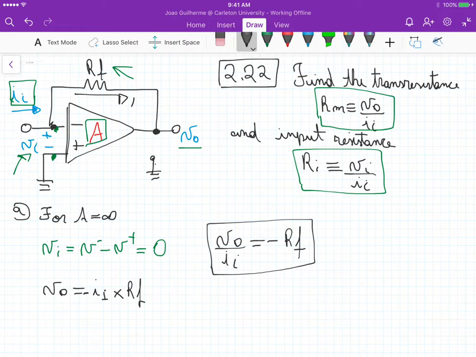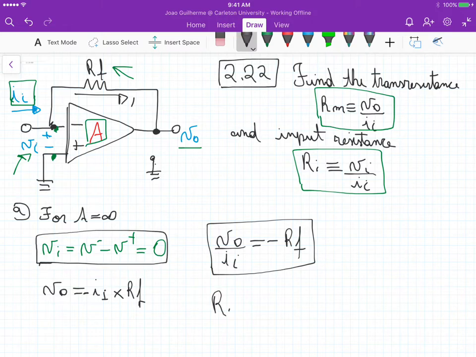Now, if we look at the circuit, we just analyzed that Vi is actually 0, right?